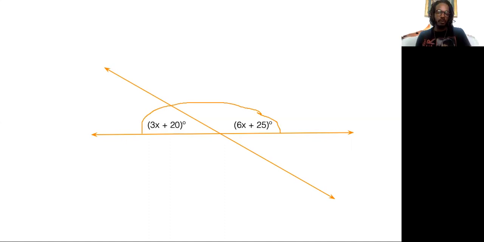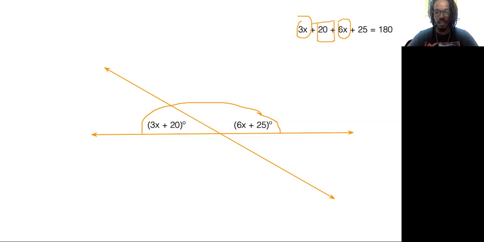Now, I have a lot of terms, but I can simplify this sum by combining like terms. 3x plus 6x is 9x, and I'm adding that to 20 plus 25, which is 45, and that's still going to be equal to 180.